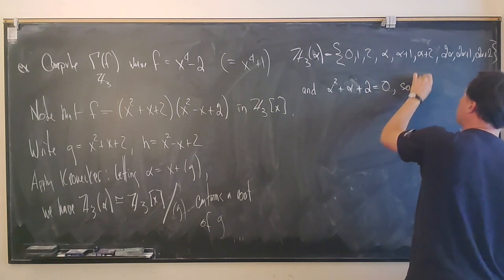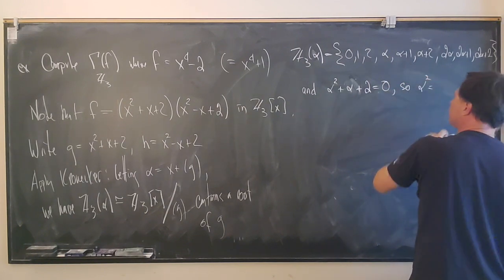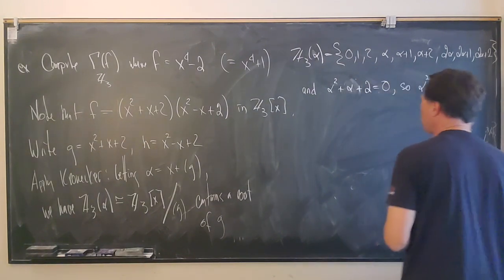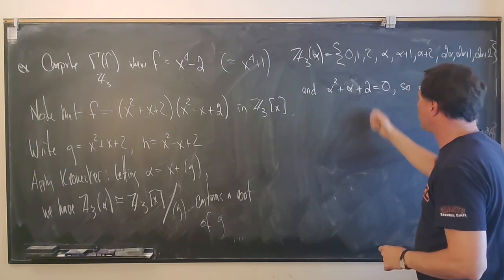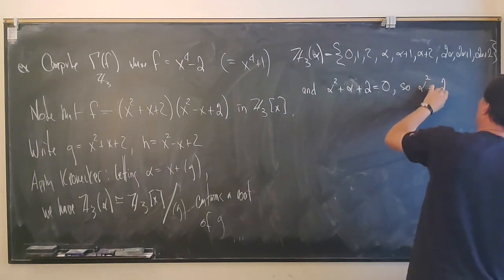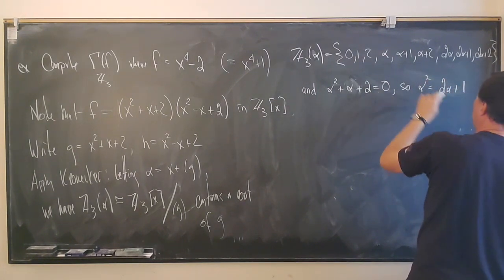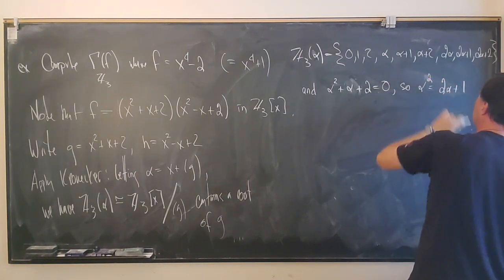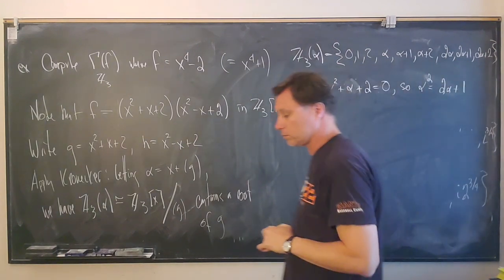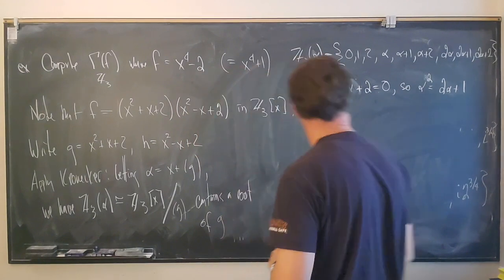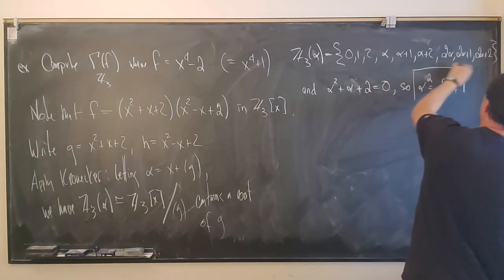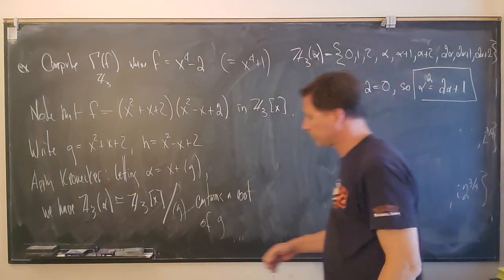So alpha squared is equal to minus alpha minus 2, which is the same as 2 alpha plus 1. All right, so we need that fact right there.